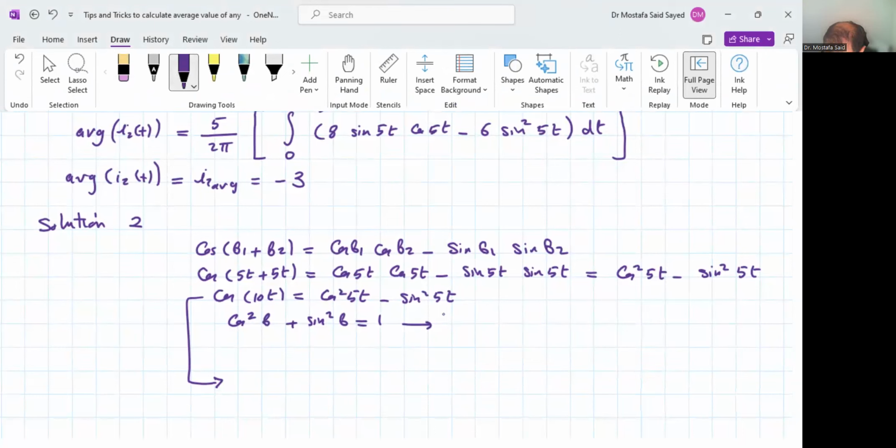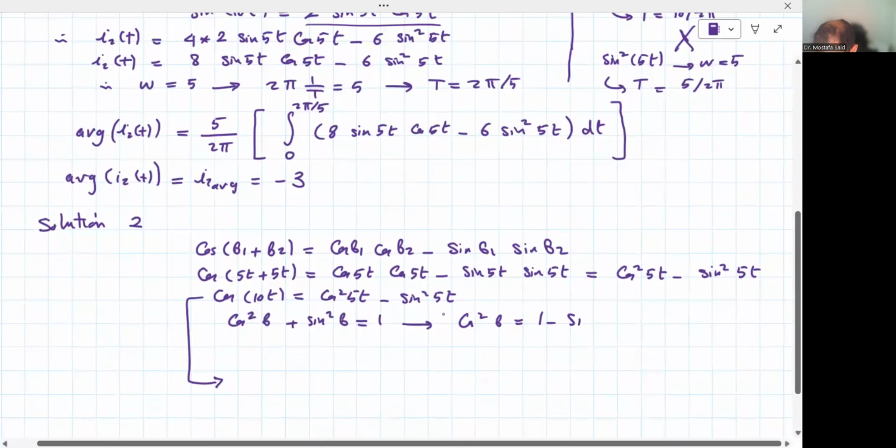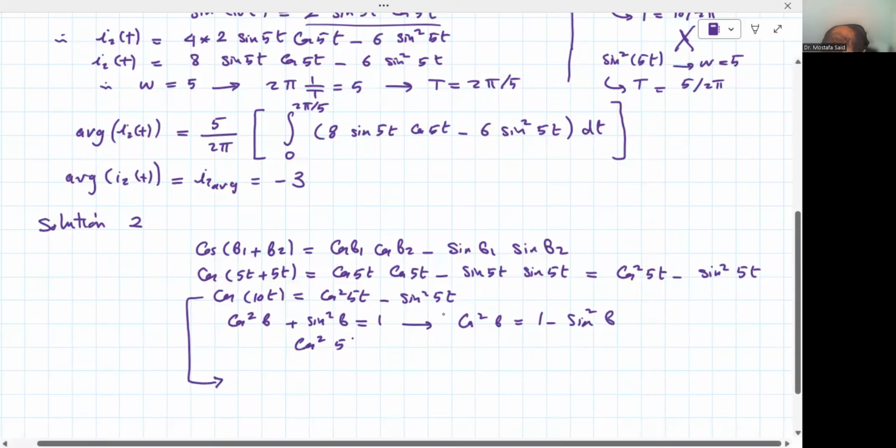So here, a minute ago, it was sine squared theta equal to 1 minus cosine squared. Now I'm going to do it in the opposite way and find the cosine in terms of sine. So cosine squared theta equals 1 minus sine squared theta. From that, cosine squared 5t equals 1 minus sine square 5t.